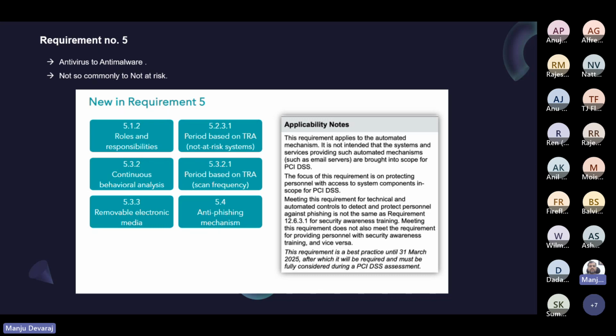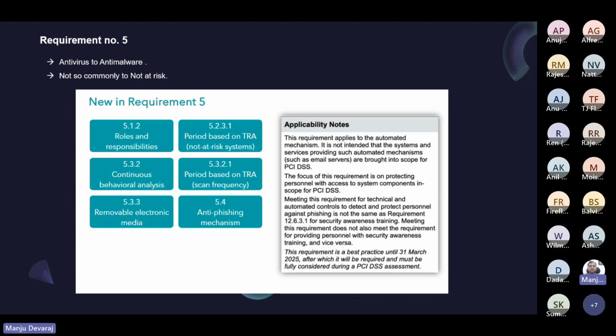I just wanted roles and responsibilities added, and there is a requirement which is talking about not at risk, which is not so commonly in 3.2.1 current scenario. Now for those systems, you need to do a periodic targeted risk analysis to understand whether they are still not at risk or not.